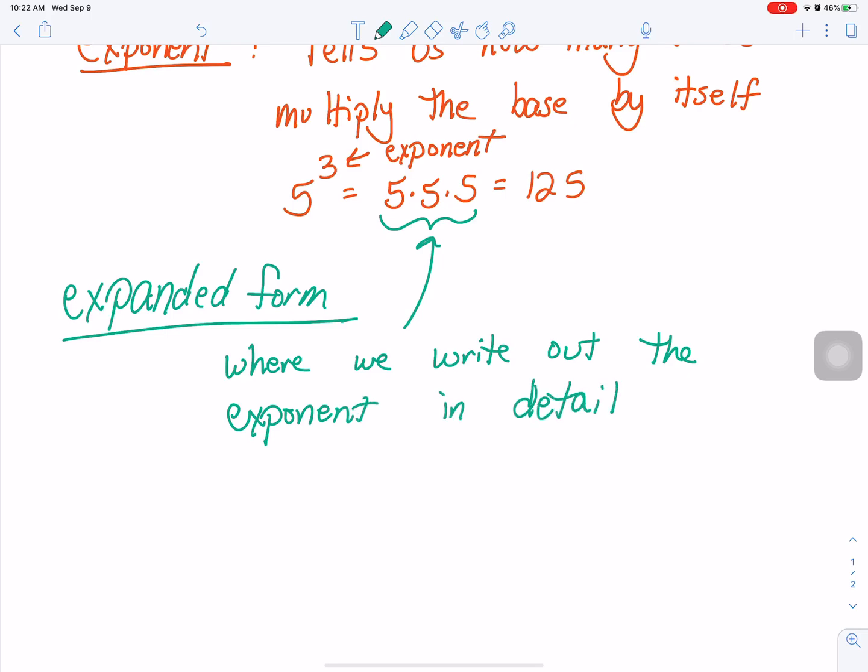And an example is always helpful. So expanded form such as 5x to the fourth. That 5 is our coefficient because it's only written once and there's no exponent on it. So 5 times x times x times x times x. Those are variables, so we could just write them this way.